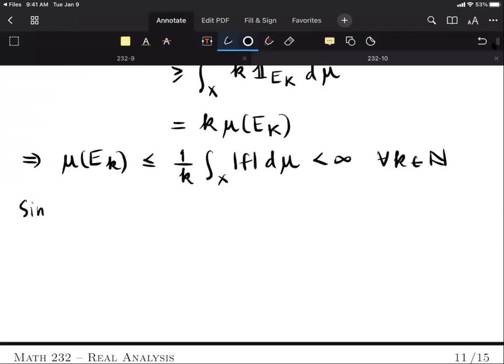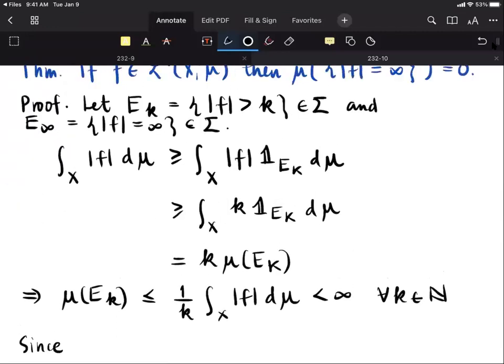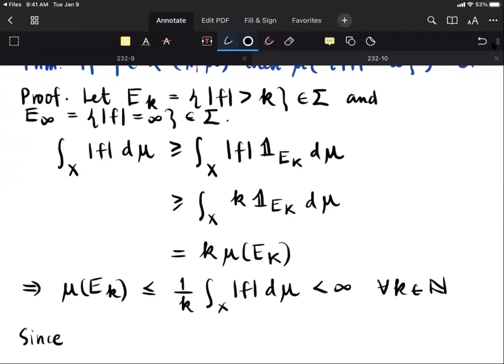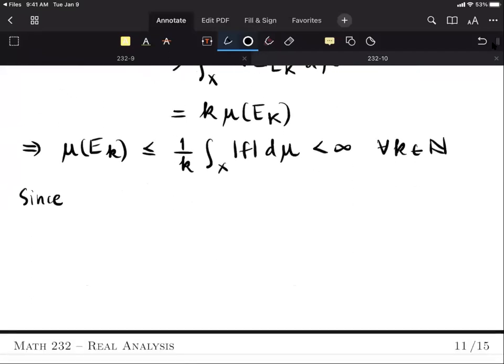Now, if you set k to be large, then the set E sub k will be smaller. So your sequence is decreasing.